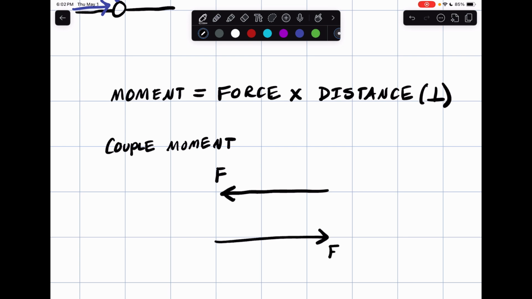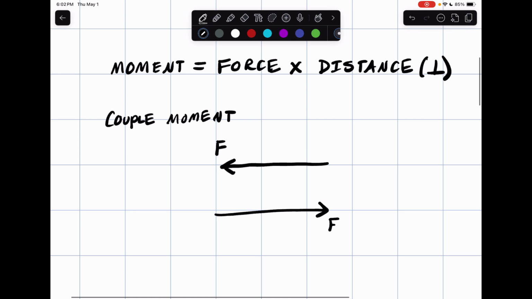So if we have two forces and they're the same magnitude, like the same force being applied in the opposite directions, and they're separated by a distance here, then we're going to have a couple moment being created, because as you can see, we have this force here multiplied by this distance, and then same thing over here, this force multiplied by this distance here. So that's just something to know as well.